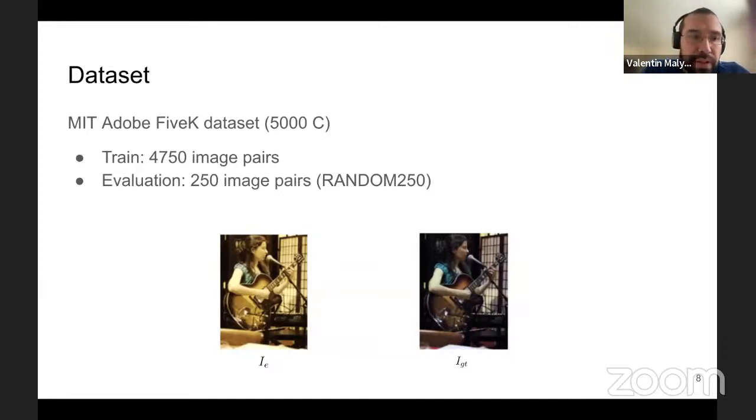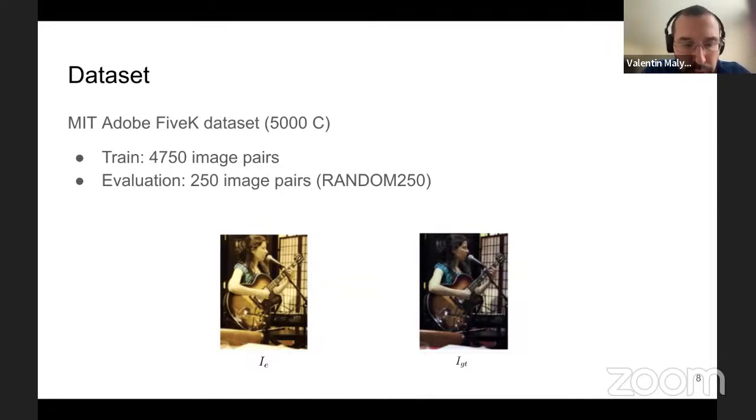So there is a data set called the Adobe FiveK data set, which contains 5,000 photos. I don't remember exactly which origin, but you can see a sample on the slide right now.